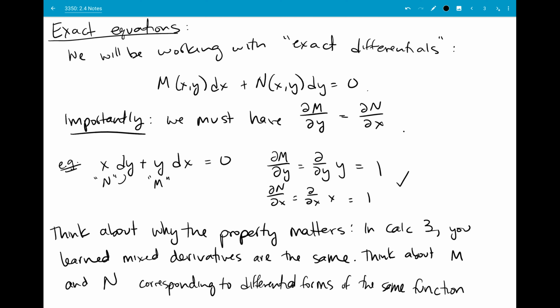The thing connected to the derivative of x, when you take the derivative with respect to y, should match the thing connected to the derivative of y when you take it with respect to x. That's why we have this condition. I'm going to stop here and write the steps to solve this type of problem in the next video, because they are a little bit long.